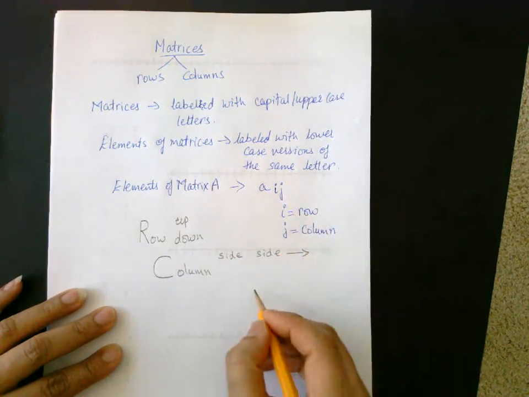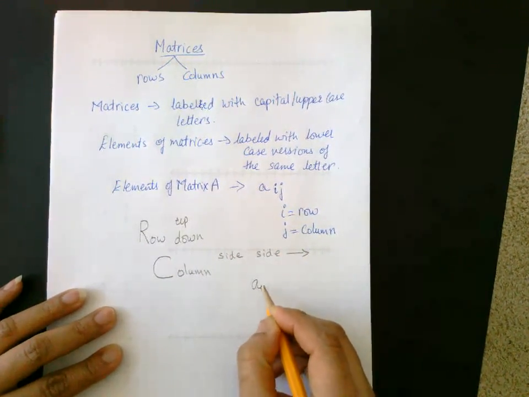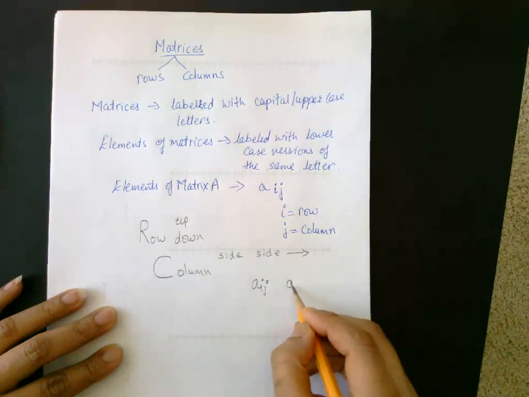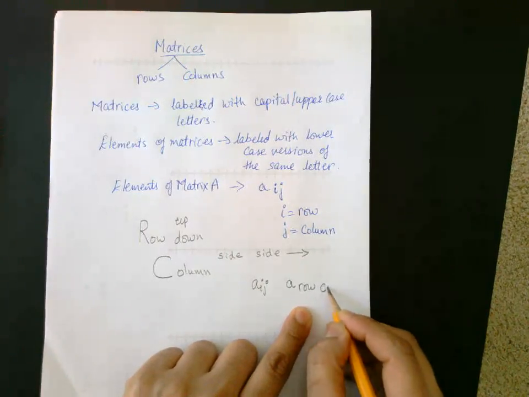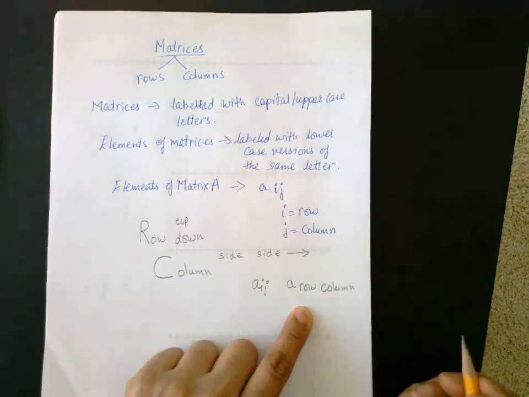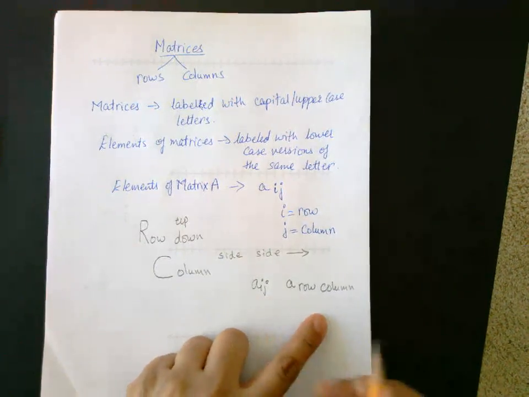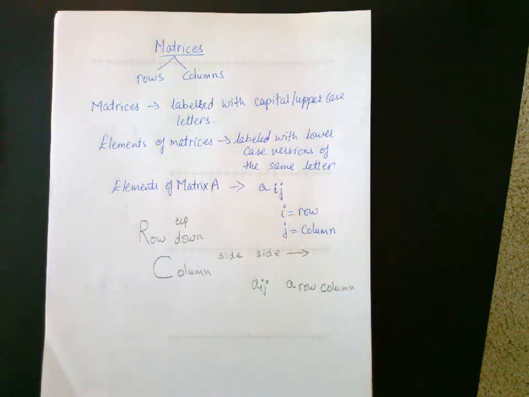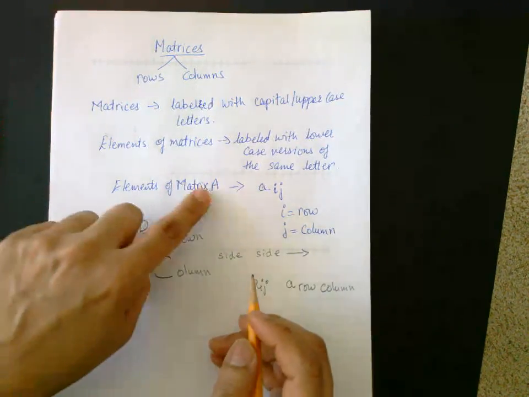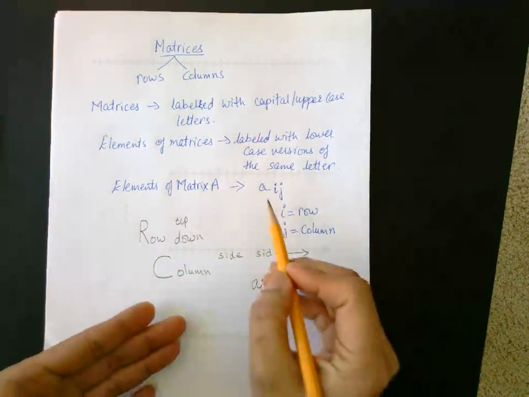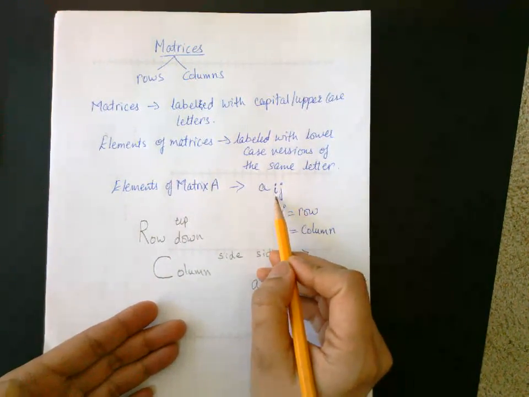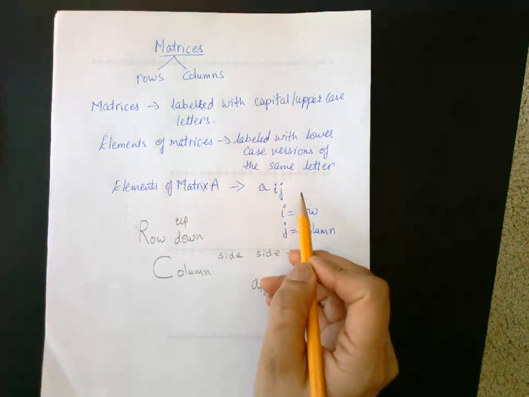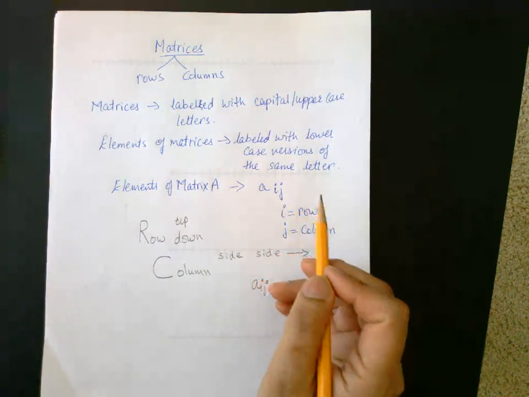And if in matrices they are talking about a_ij, that means first we are talking about the row and then we are talking about the column. If we have to label the matrix itself, that will be uppercase. When we are talking about the elements, then we always use the lowercase with the identity i, j. i, j is nothing but row and column.